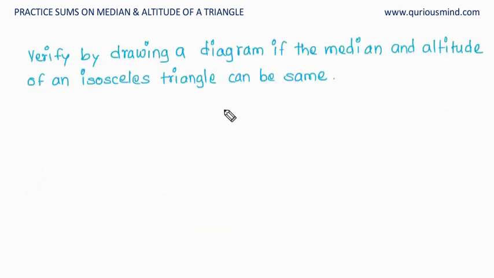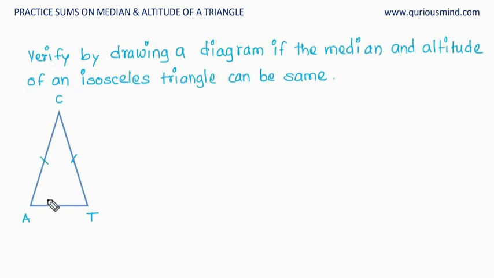Verify by drawing a diagram if the median and altitude of an isosceles triangle can be the same. So let's draw an isosceles triangle. I have an isosceles triangle CAT where CA is equal to CT.